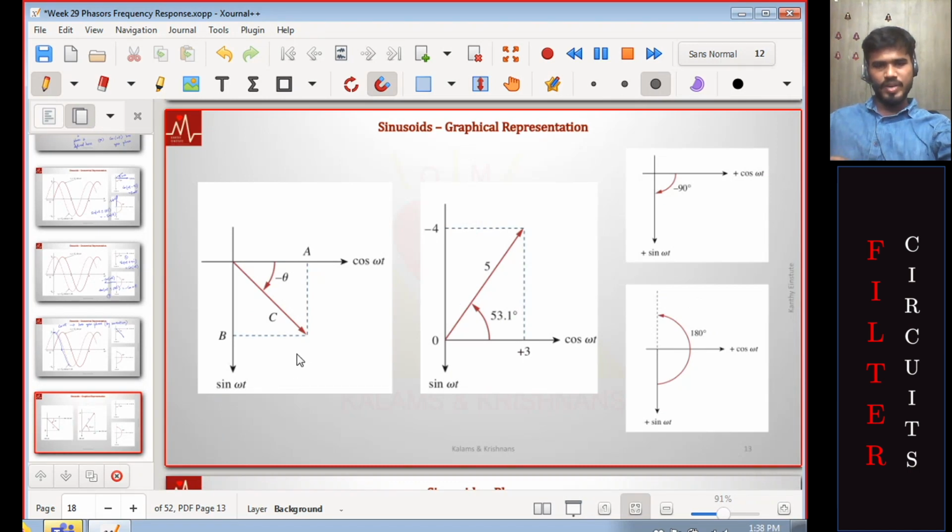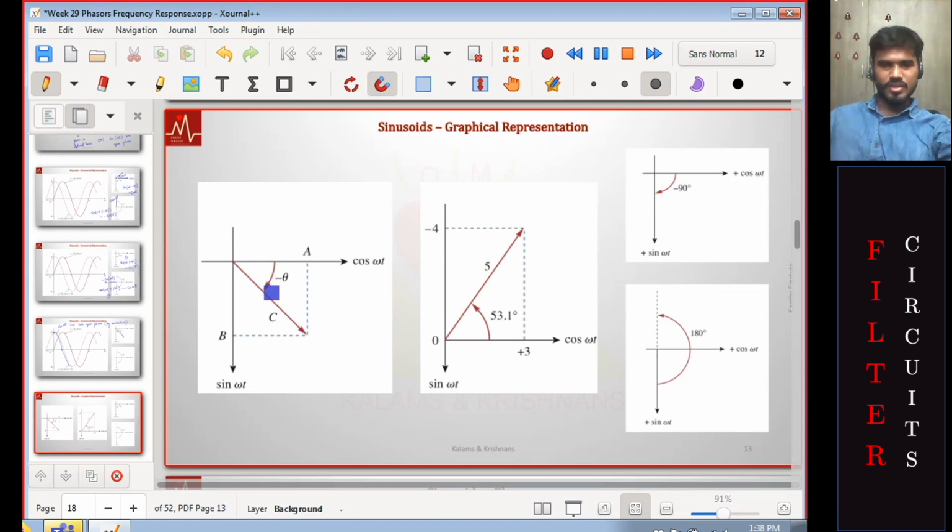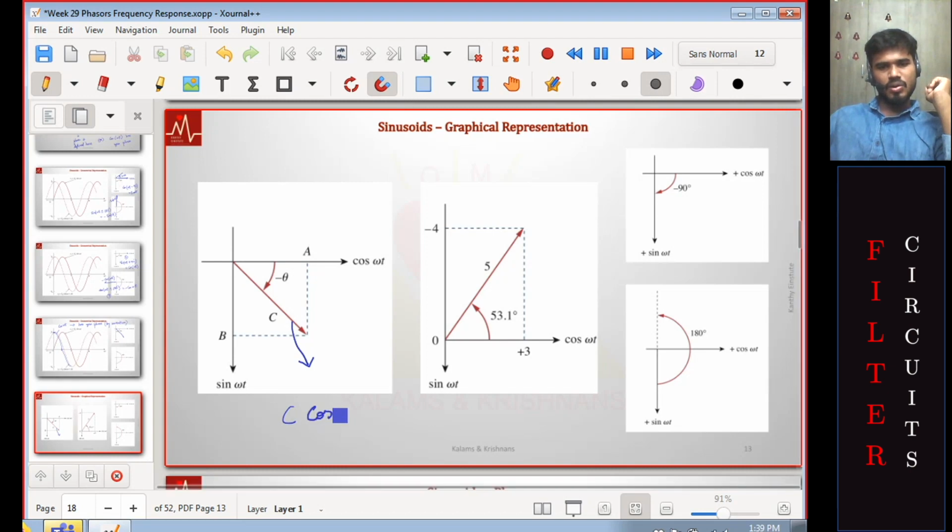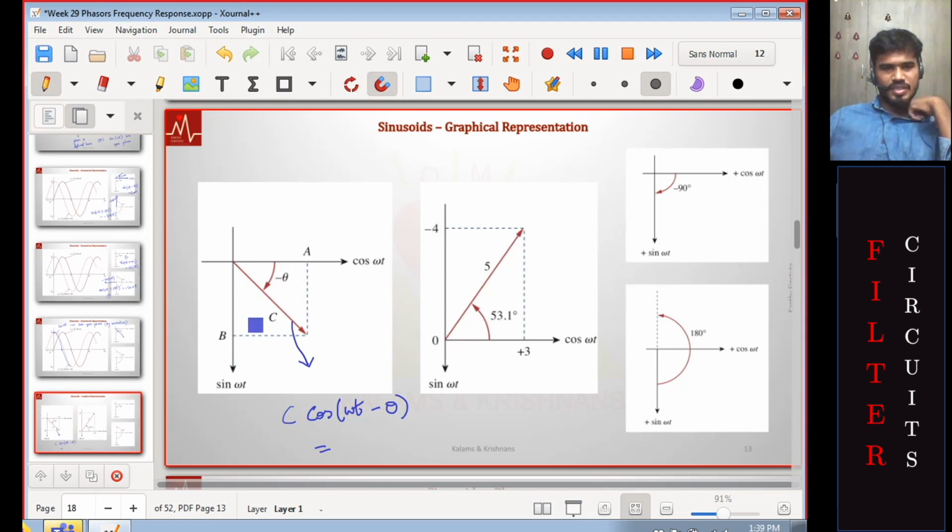Okay, can we quickly write down the function corresponding to this, the arrow pointed over here? Notice that is c cos omega t minus theta, and also you could quickly see that c is square root of a square plus b square.